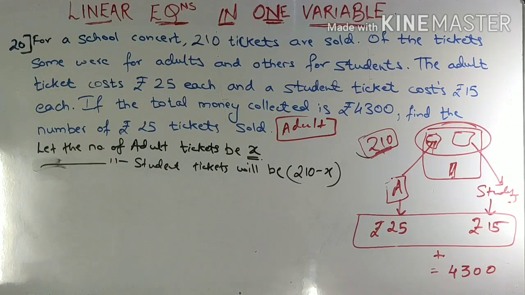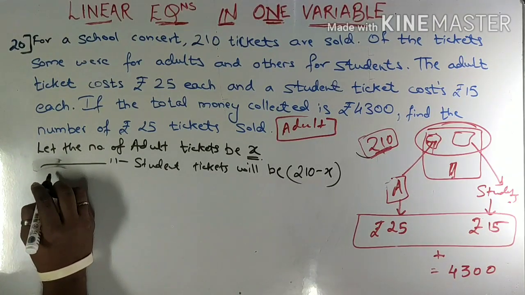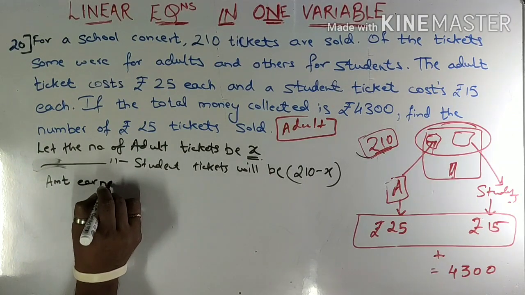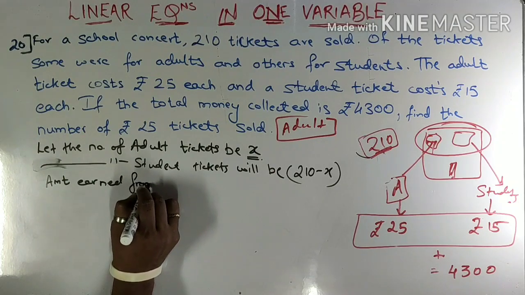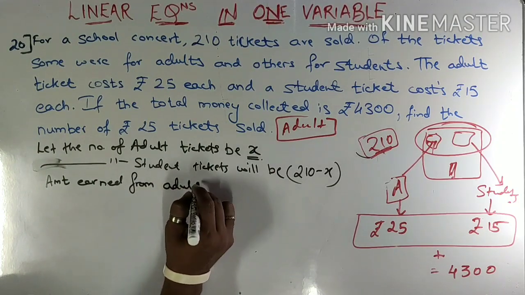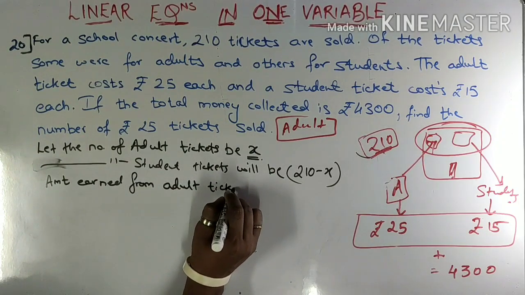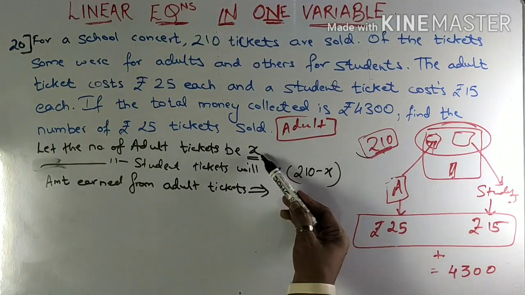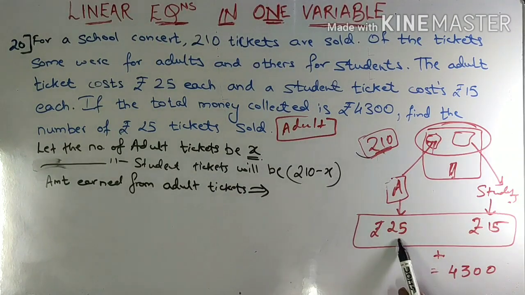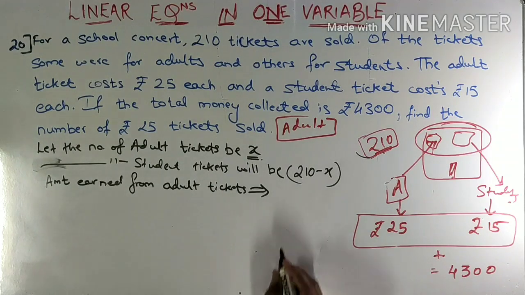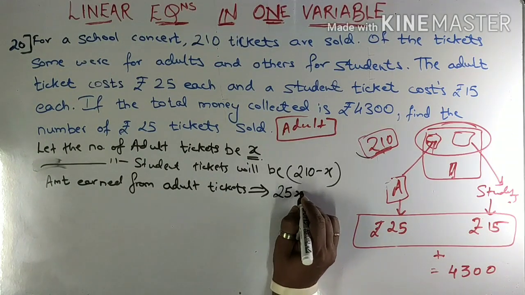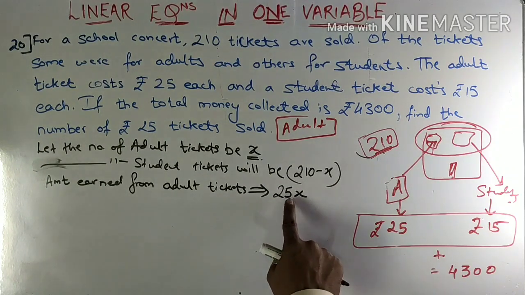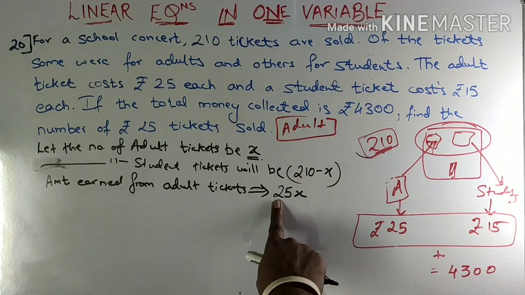Next, the amount earned from adult tickets will be the number of tickets sold multiplied by cost of one ticket, that is 25 into X. So number of tickets sold multiplied by cost of one ticket.